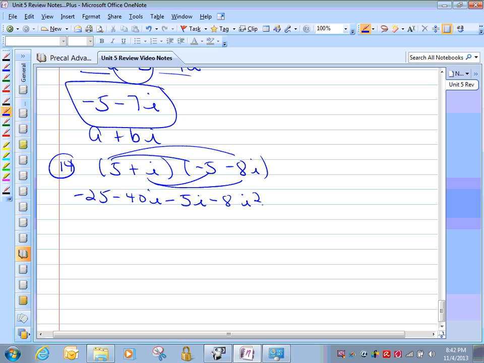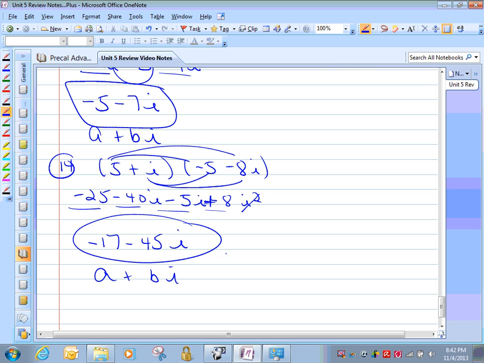So the i squared really is a negative 1 times negative 8 makes the 8 become positive. Please be careful about that. So now what do we have? We want to put the real stuff together, so the negative 25 and the positive 8 gives us negative 17. Negative 40 and negative 5 gives us a negative 45i. That is our answer in a plus bi form. Go Bearcats, let's keep going.